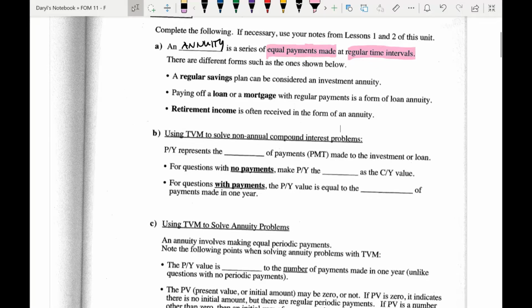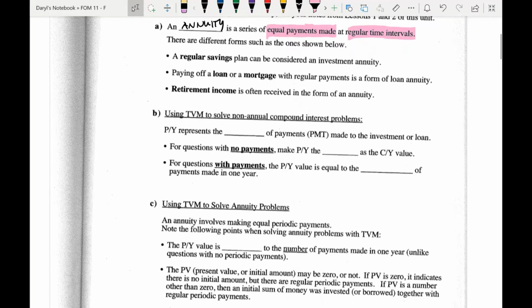Using a TVM, in lesson 2 we used a TVM calculator to solve non-annual compound interest problems.